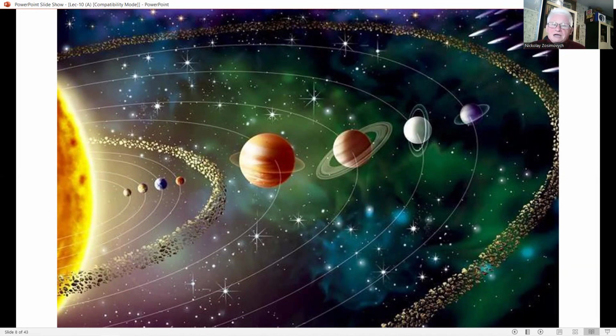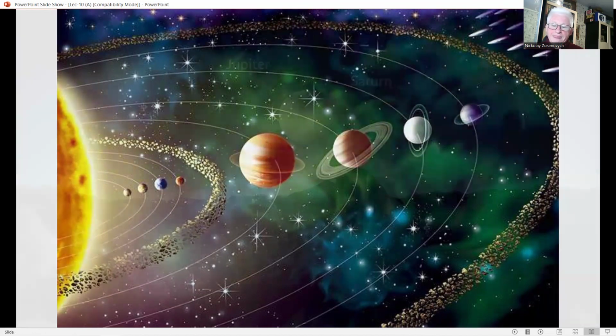Mathematical models indicate that the reason asteroids are there rather than a planet is that Jupiter grew into such a massive body that it was able to gravitationally disturb the motion of nearby planetesimals.